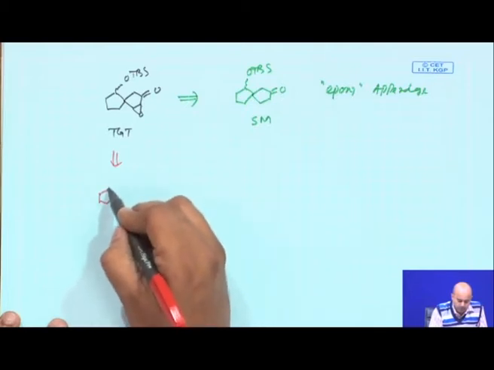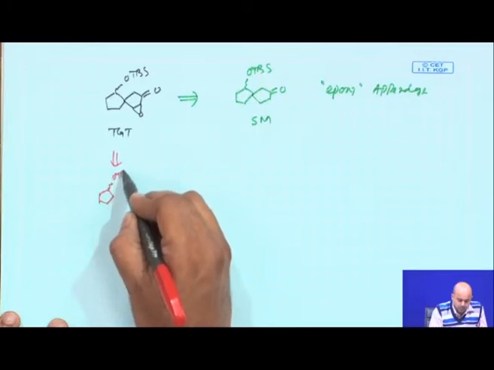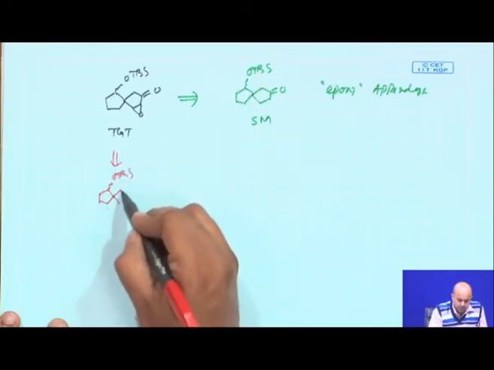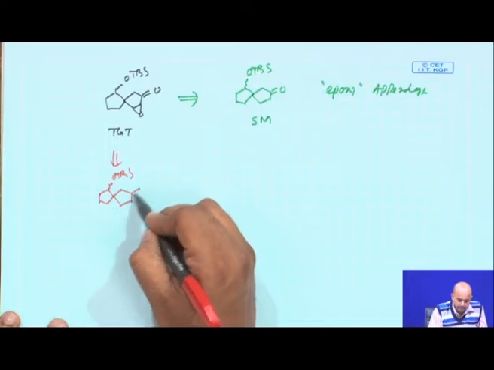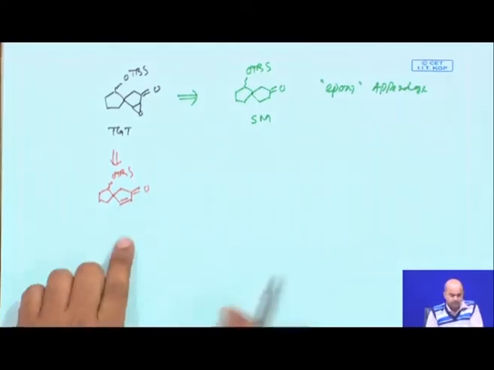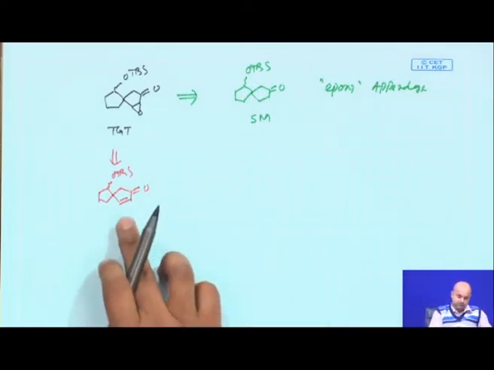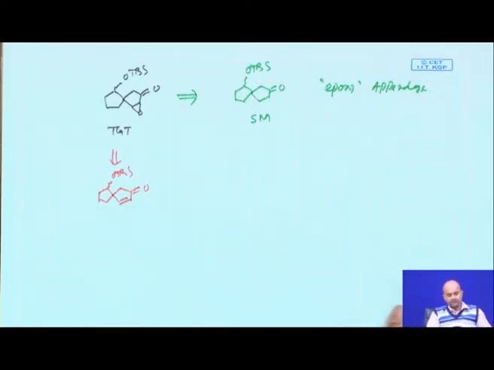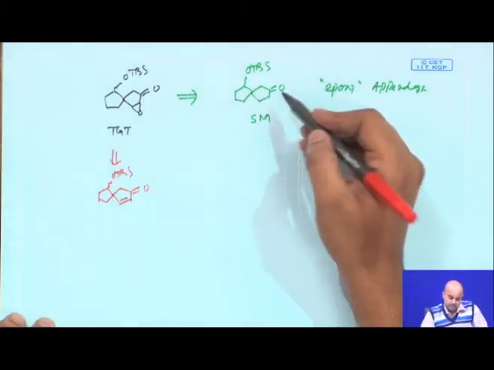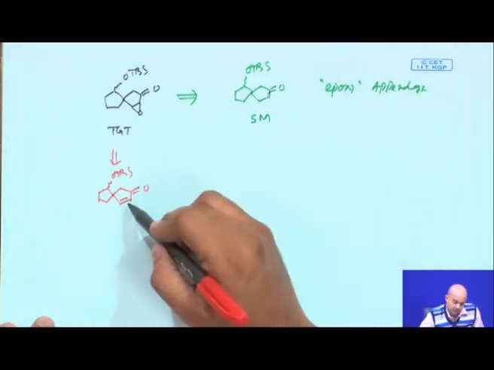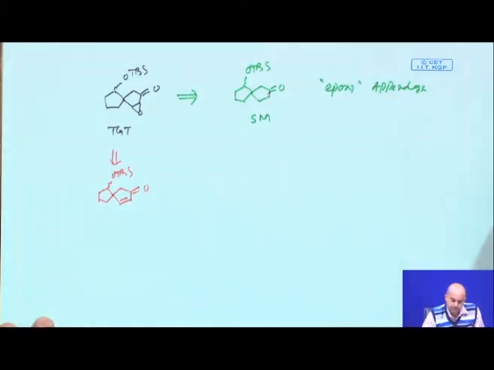this part will be your OTBS. So, basically, if you have this compound, you can easily create the epoxide. Actually, starting from this compound to create this compound seems to be a little bit problematic.